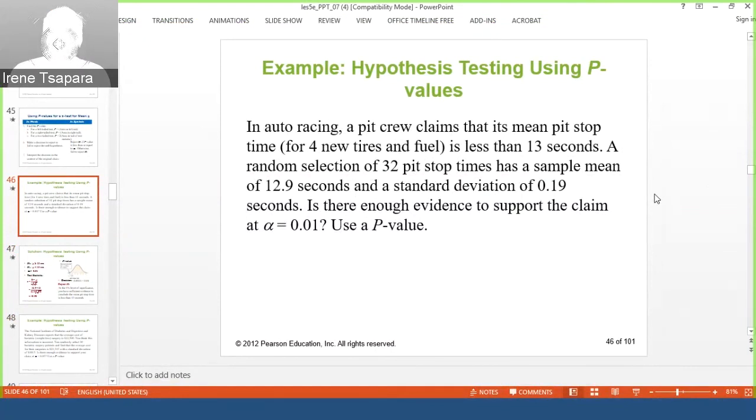Now we have a sample mean that is 12.9 and a standard deviation of 0.19. Since our sample size is greater than 30, then immediately we can use the normal distribution. If the sample size was not 32 and it was 28, then even with Black's book, we would have to think before we continue.